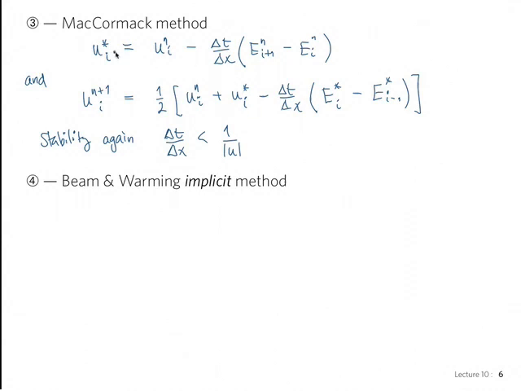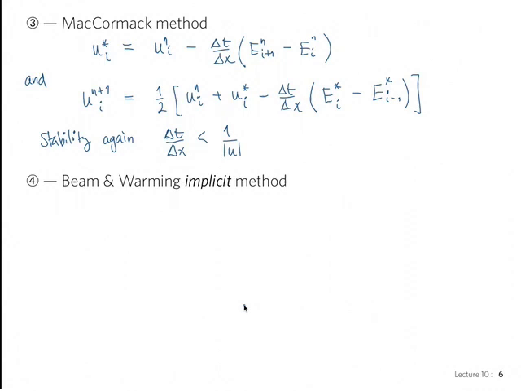E star, once you get U star, you can calculate E star. So all of these depend on the previous step. Okay, you already visualize how this goes in the code, right?